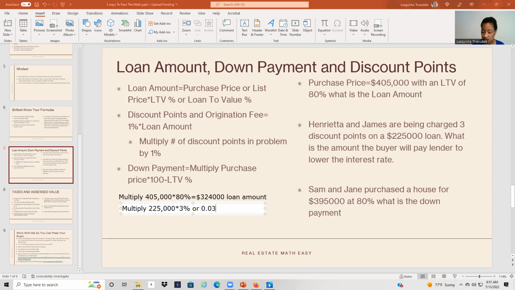That comes out to be $6,750. That is the amount they would have to pay to lower the interest rate. And that's how you do that one.